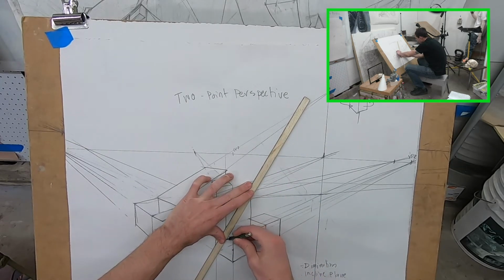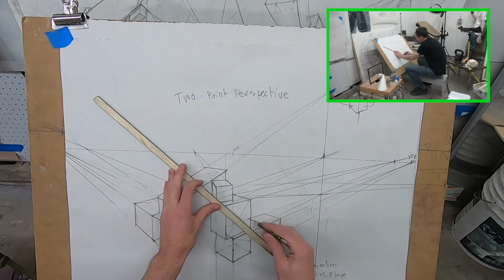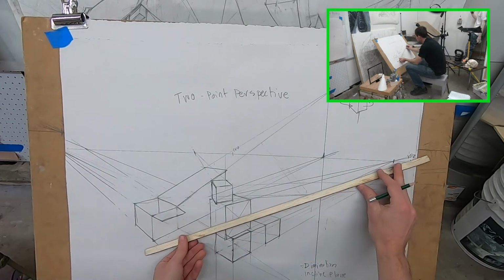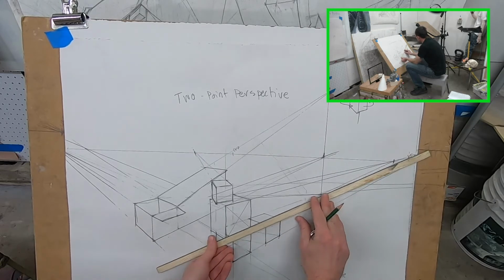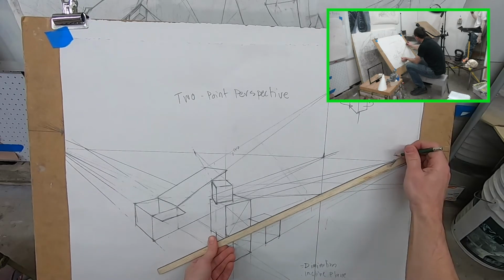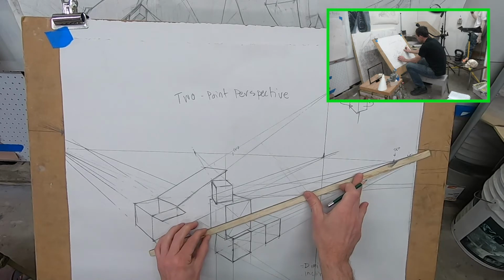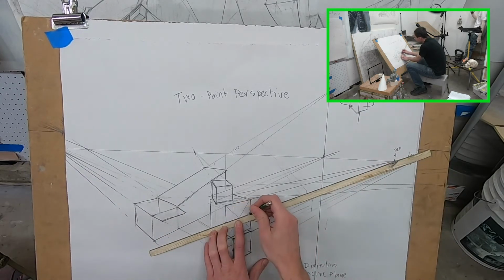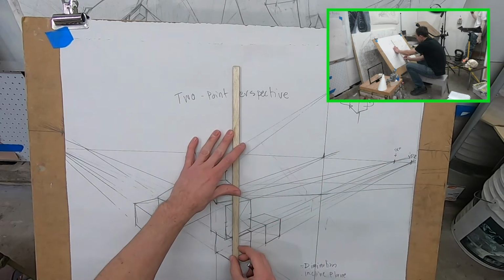So we start with corner to corner, corner to corner. That gives us the center of that plane. And then we're going to make sure we're going to the correct vanishing point. It's this one, special vanishing point. And then we'll take our center of the plane and our vanishing point to find our first 4.